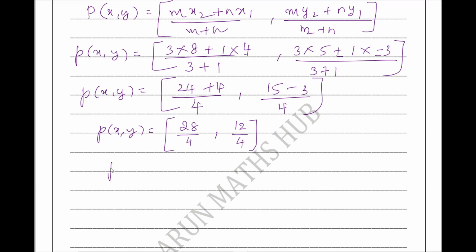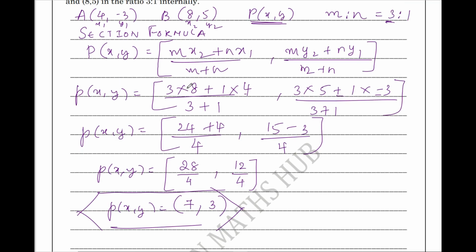Now P of (x, y) equals 28 by 4 is 7, 12 by 4 is 3. Therefore the coordinates of P is what? (7, 3). Very simple question to score 3 marks.